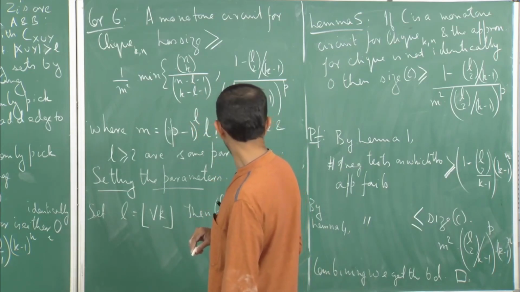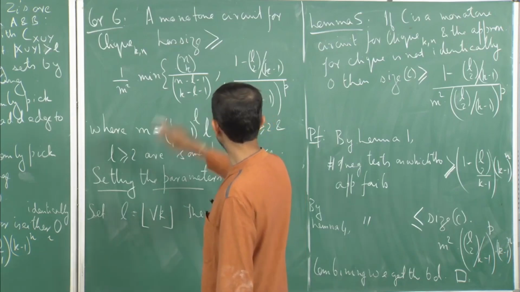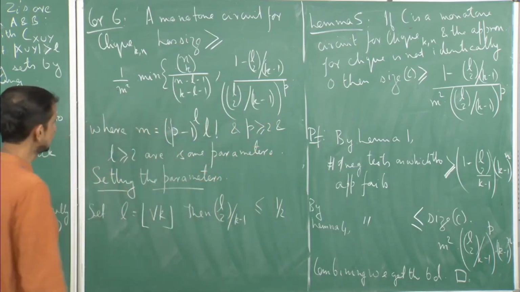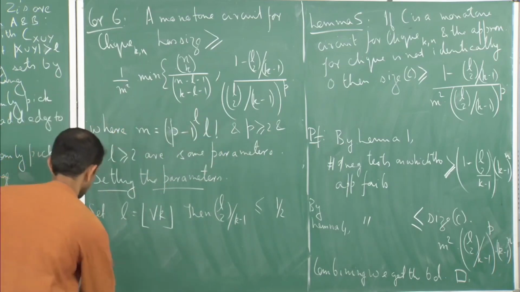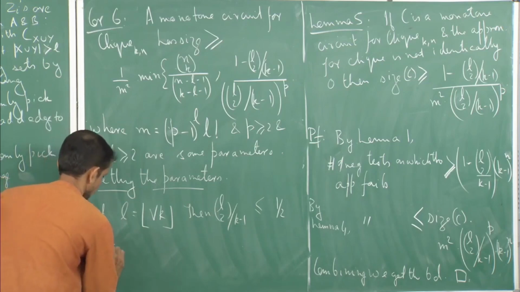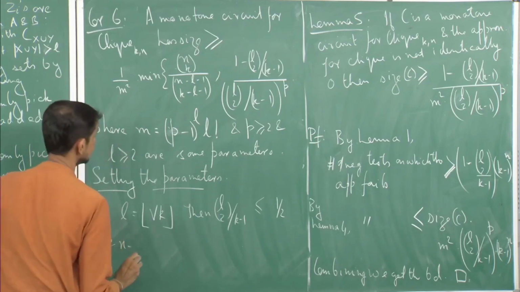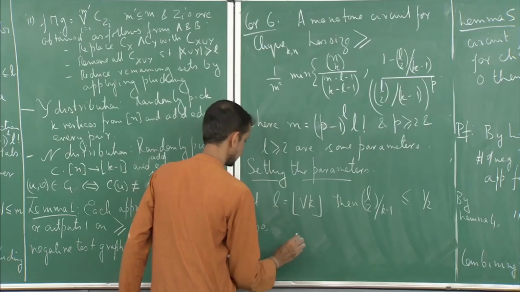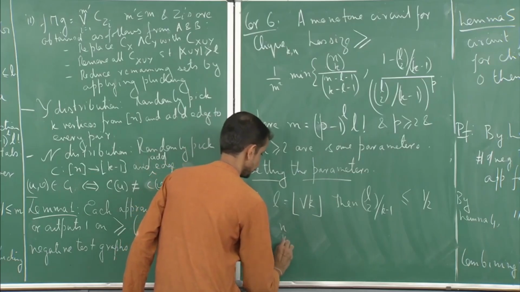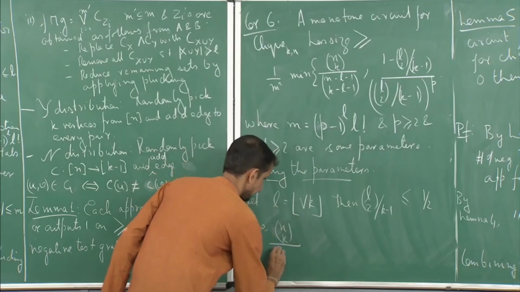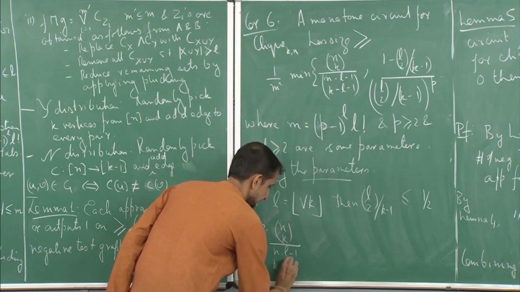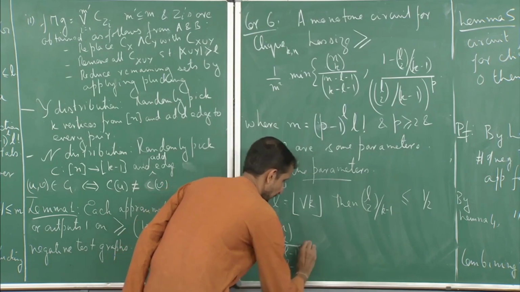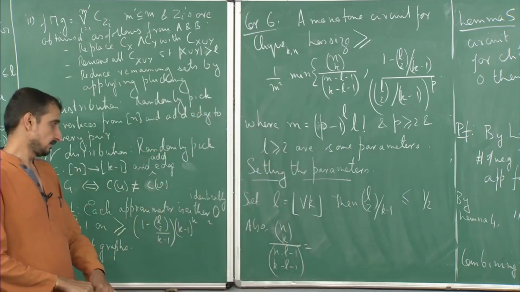And what is the other place where L appears? L also appears over here. So let's look at this. Let me actually do the full thing. So n choose k divided by n minus L minus 1 choose k minus L minus 1. What is this?